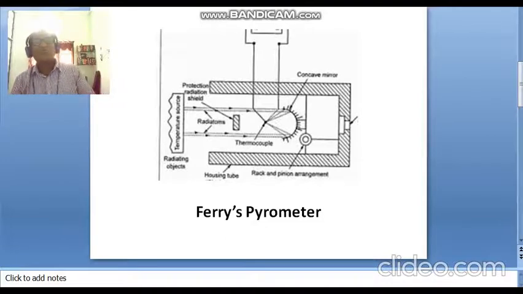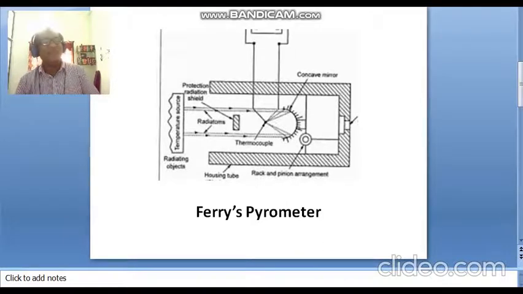That surface is coated with nickel and copper because the thermal radiation is incident on it. With the help of a rack and pinion arrangement, the eyepiece can be moved through the hole. Then there is a small hole of 1.5 mm diameter.